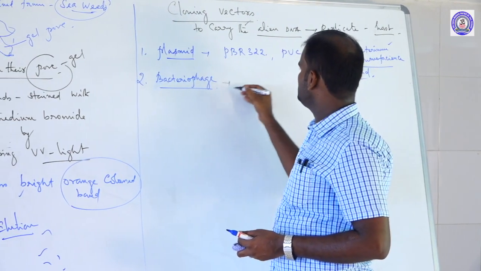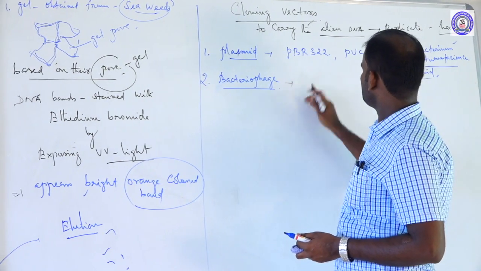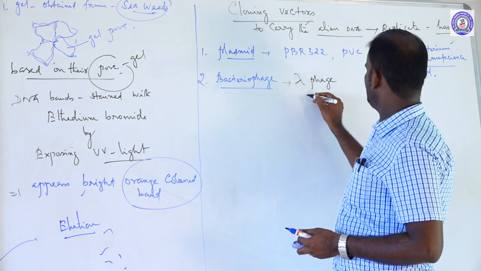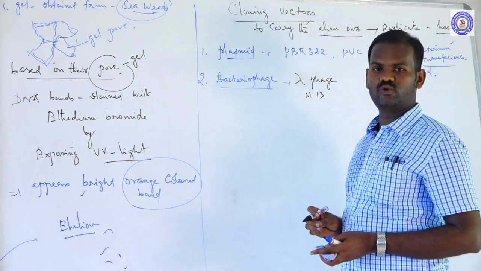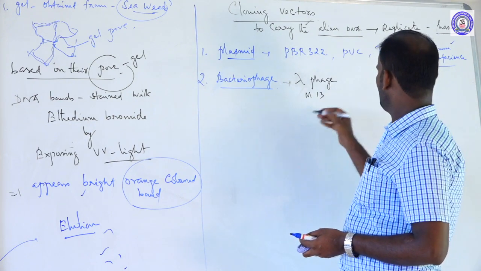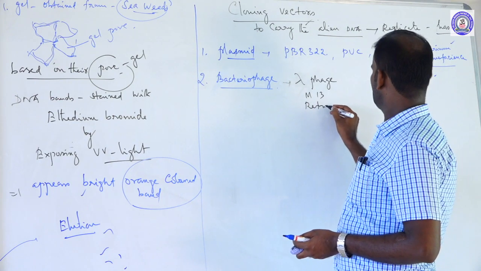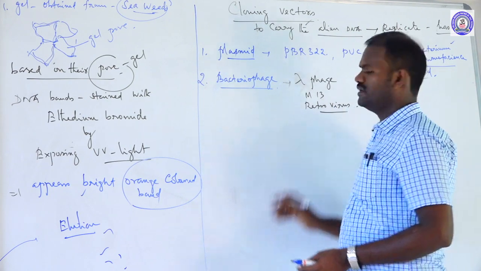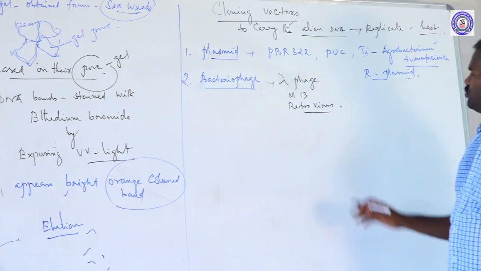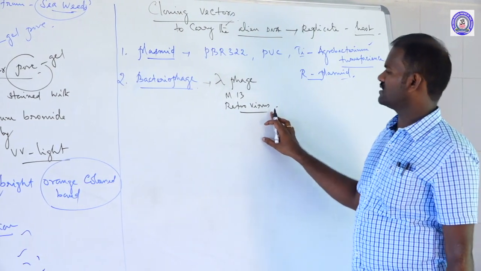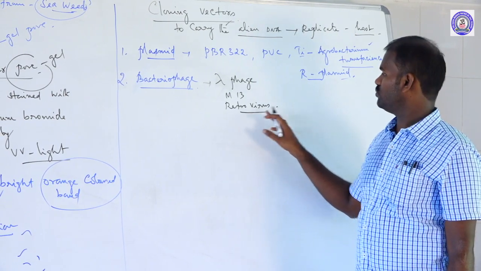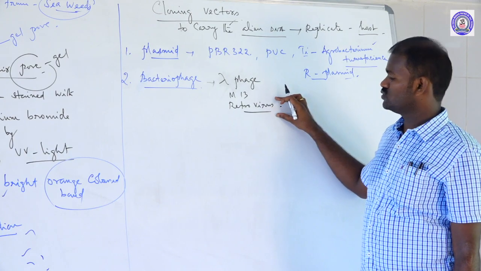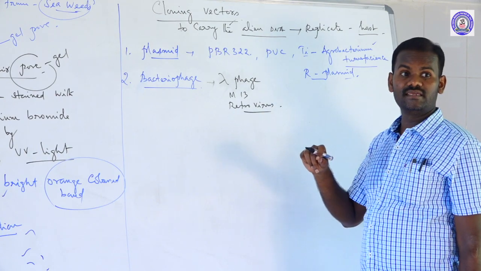That is why bacteriophages are also used as cloning vectors. Most commonly used are lambda phage and M13. Then retrovirus. Retroviruses are a group of viruses, and a common cold is also caused by a group of viruses. Retroviruses are used to replicate DNA in animal cells.